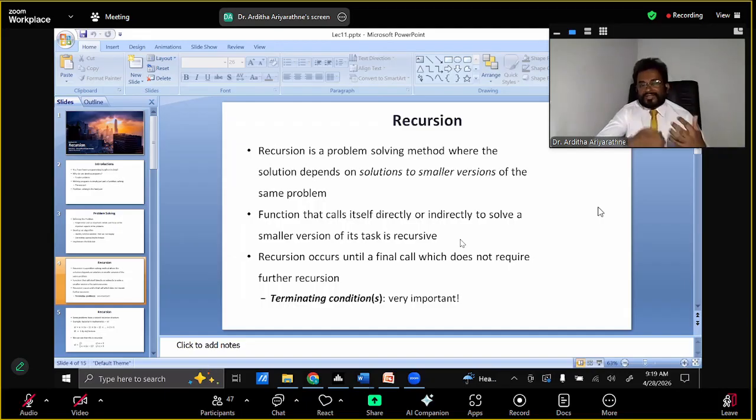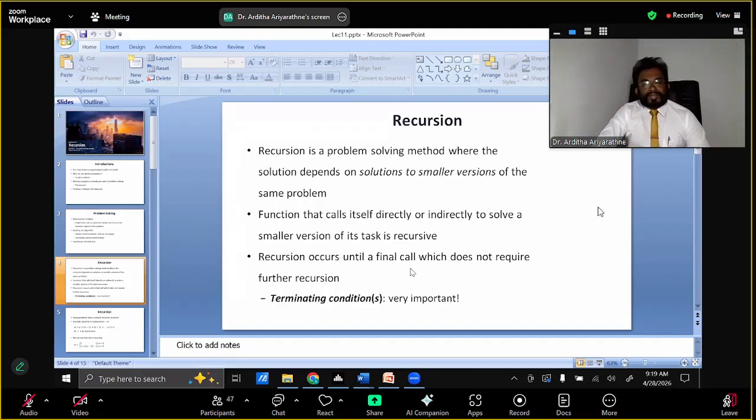It means the behavior is the same, but the parameters we are giving into the function are different. Always when we call the function in the first round, the parameter is a little bit complex. In the next round, the parameters are simpler than the first round. Likewise, we are giving parameters simpler when we compare with the previous round.